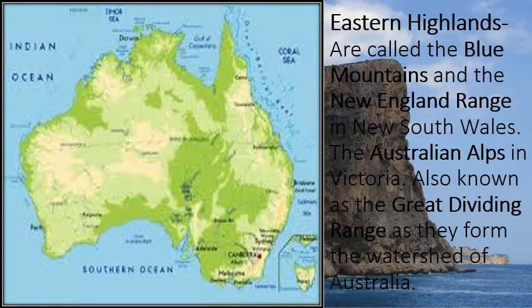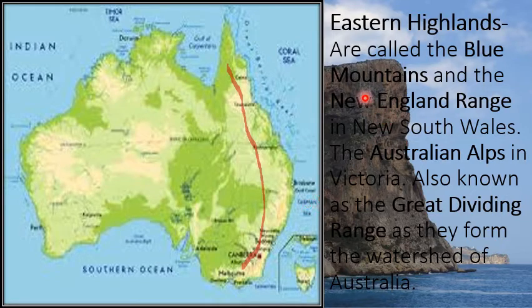The Eastern Highlands run like a backbone down the eastern and southeastern side of the continent, then into Tasmania. They are characterized by steep cliffs.